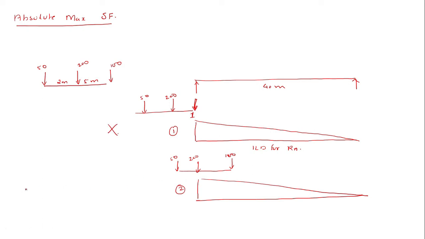In this case, the shear force will be equal to 200 into 1 plus, the total length is 40, so the slope will be 1 by 40, into this corresponding ordinate here, total length is 40, so this length will be equal to 35. So 200 into 1 plus 1 by 40 into 35 into 100. So this corresponding value will be 287.5 kilonewton for position 2.